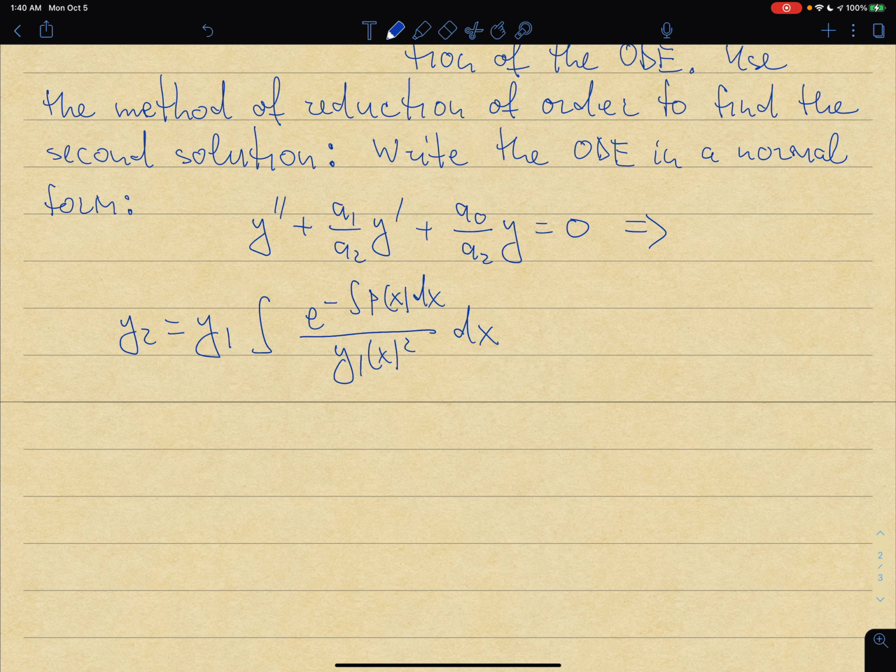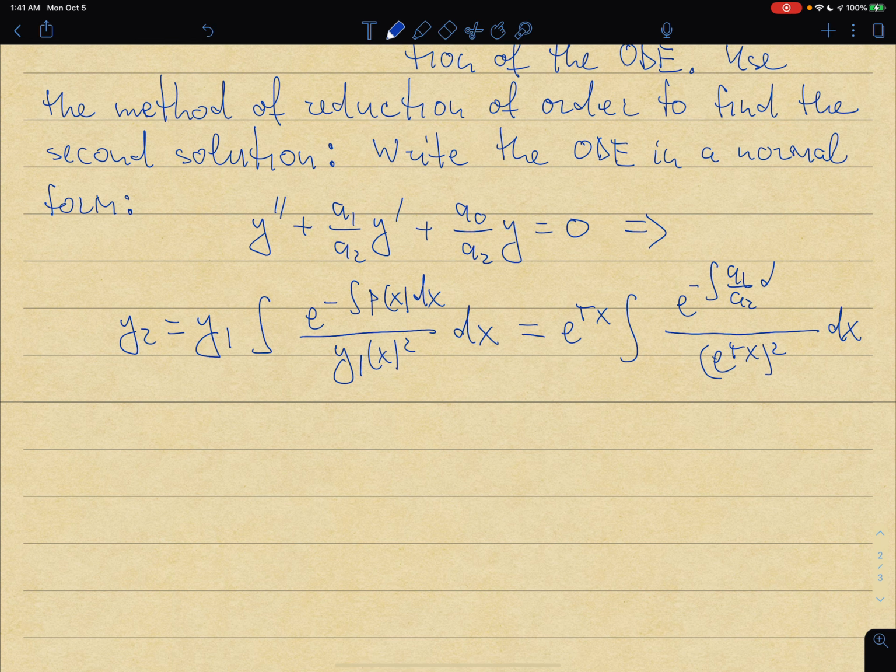Now, who is y1? y1 is e to the rx. Then we have an integral. Again, y1 is e to the rx, so e to the rx quantity squared in the denominator. And then e to the power minus integral, what is p of x? p of x is a1 over a2, that's a constant. So a1 over a2 dx.